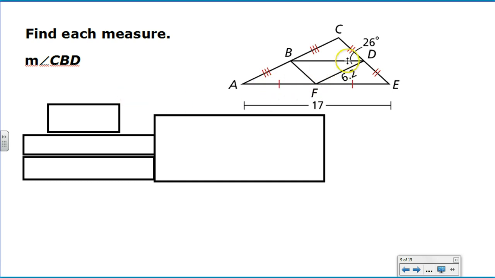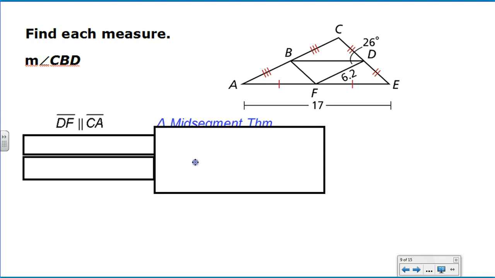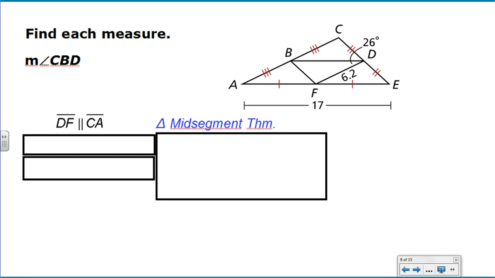We're trying to find the angle of CBD. So we can say that DF is parallel to CA, and we can say that by the triangle midsegment theorem.